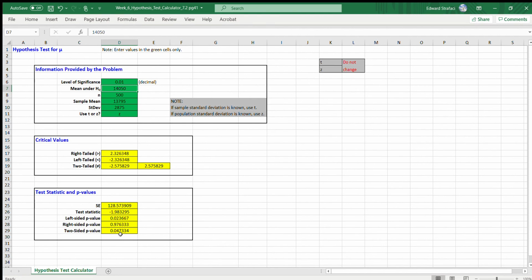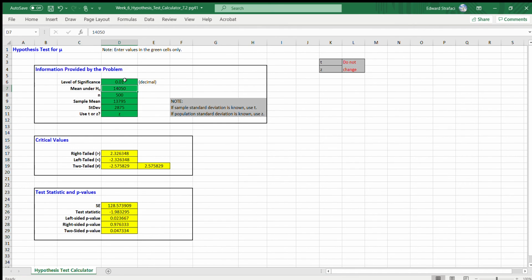My two-sided p-value is going to be 4.7%. I'm looking for a level of significance of 1%. Basically, if I look at a normal distribution, I'm not coming within the 1%. I'm outside of it by 4.7%. But I'm only going to be wrong 1 out of 100 times.